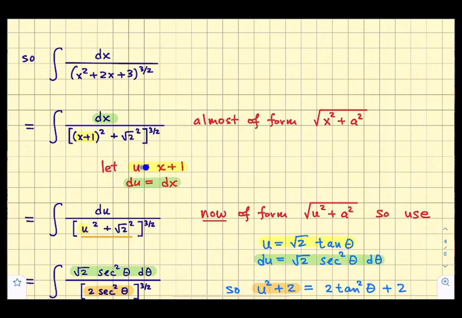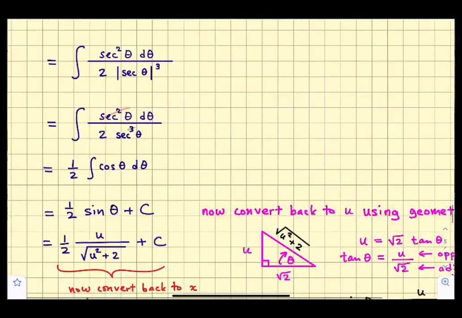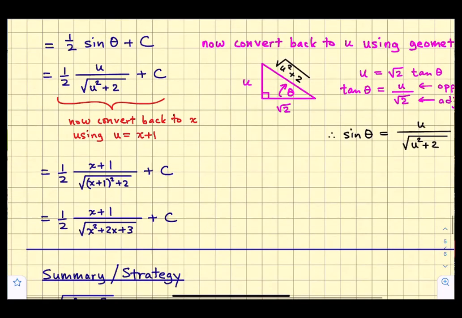So if we convert back from u's to x's, our u was x plus 1, and you could write this like this. This is totally fine, or you could expand this out, and this is what was contained in the original integral.